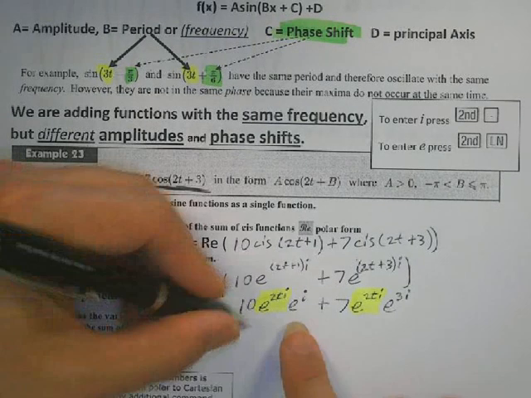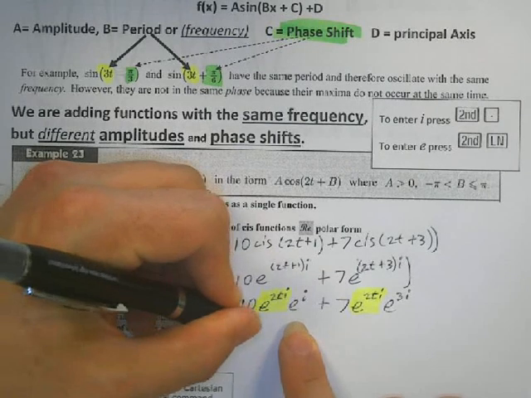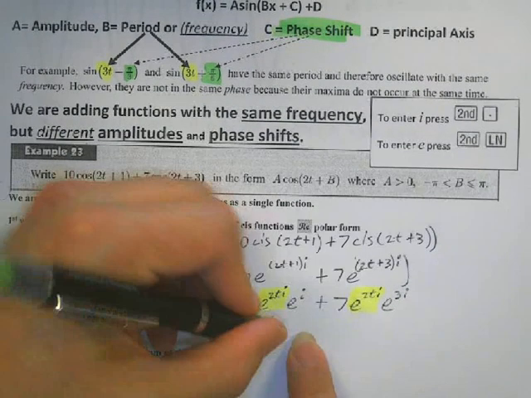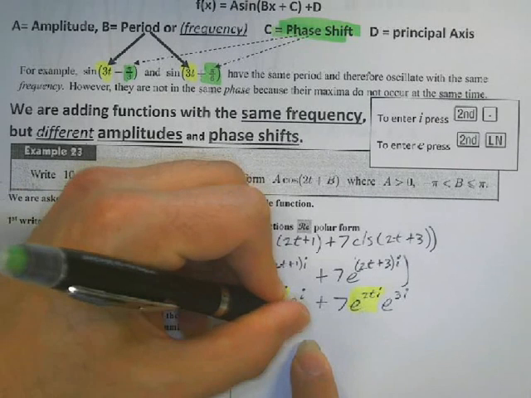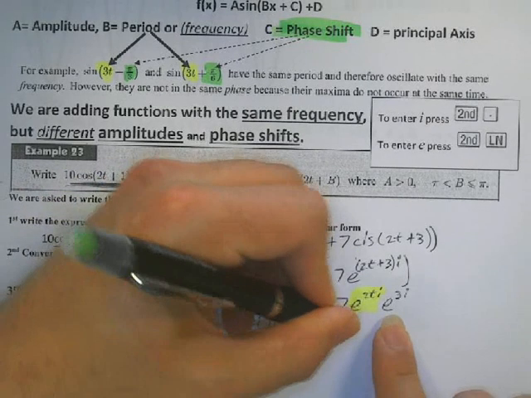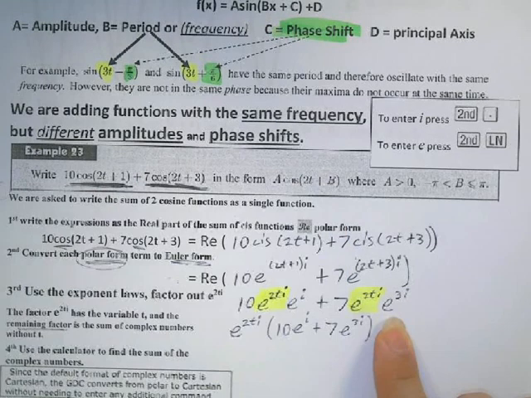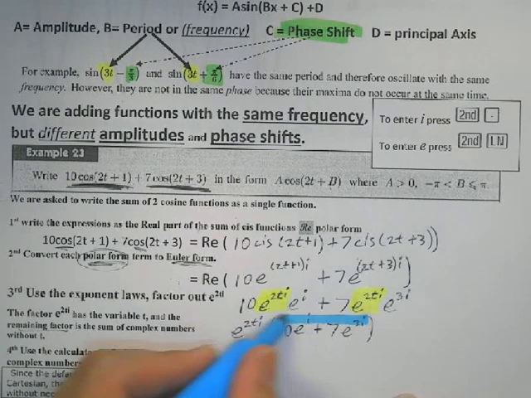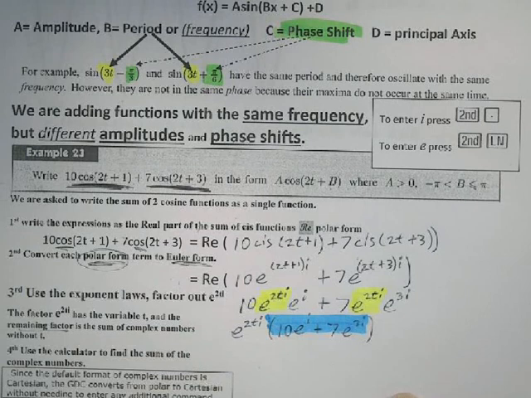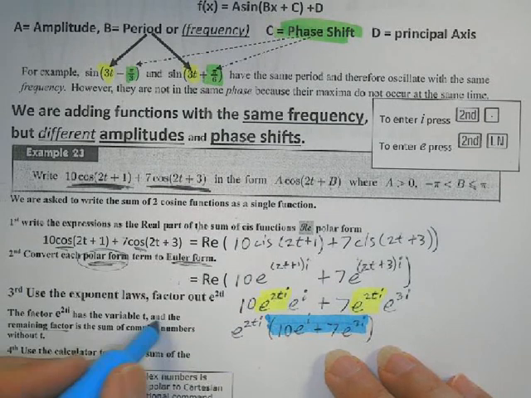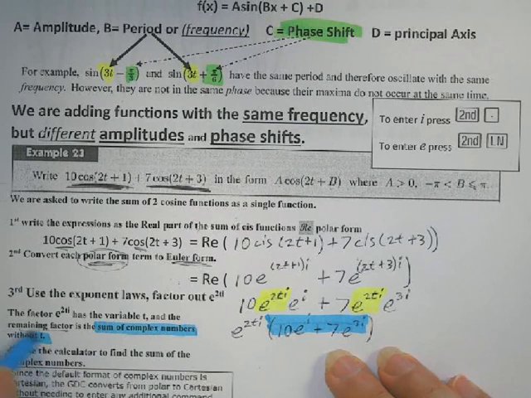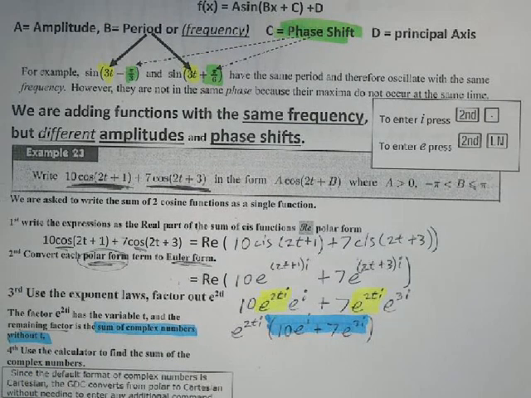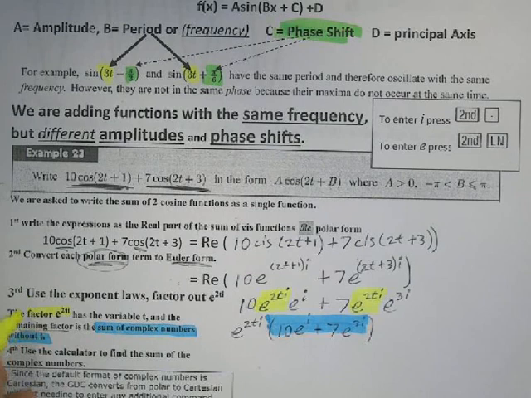So I'm going to factor out the e to the 2ti, and then I'm left with 10 e to the i plus 7 e to the 3i. This part right here does not have a t in it, so this is the sum of the complex numbers without t. And this part here is the factored 2ti.